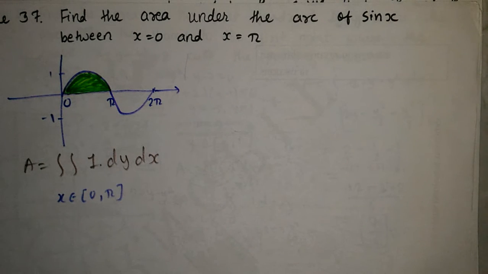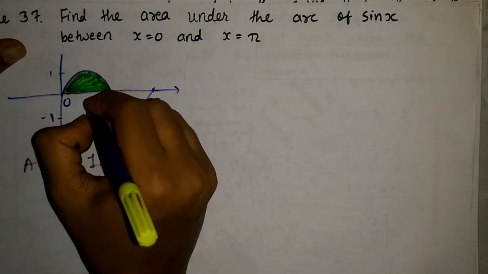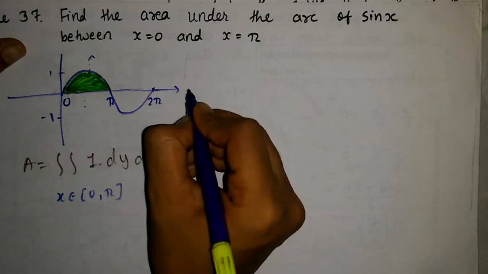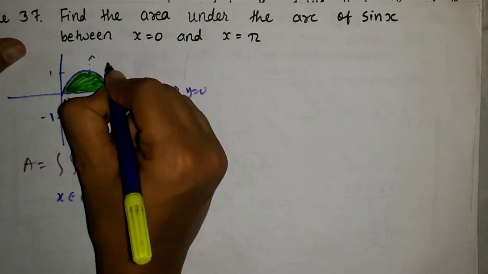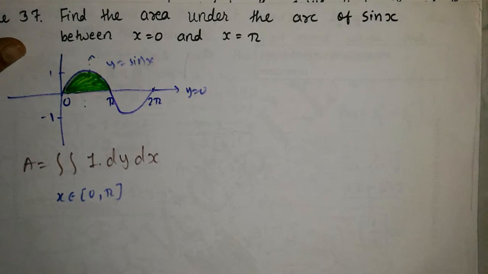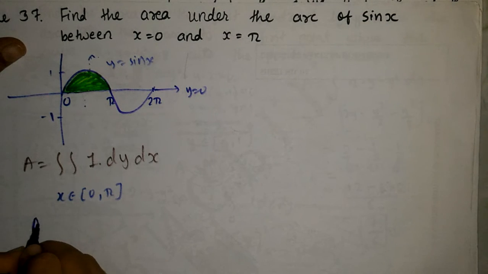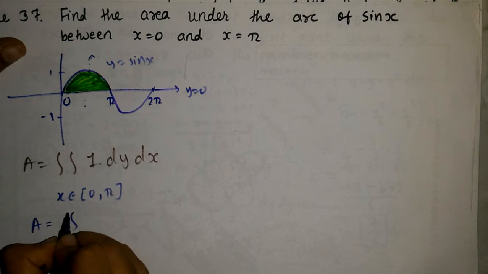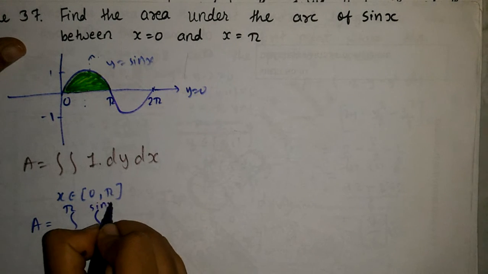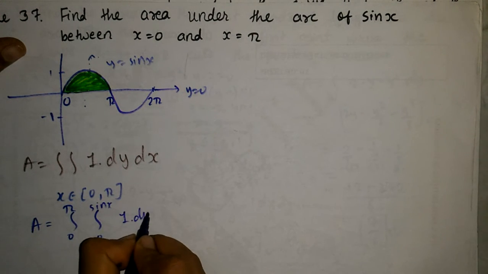When we draw the vertical line, we can see it's entering from y is equal to 0 and leaving from y is equal to sin x. So area is equal to integration from 0 to pi, integration from 0 to sin x, 1 into dy dx.